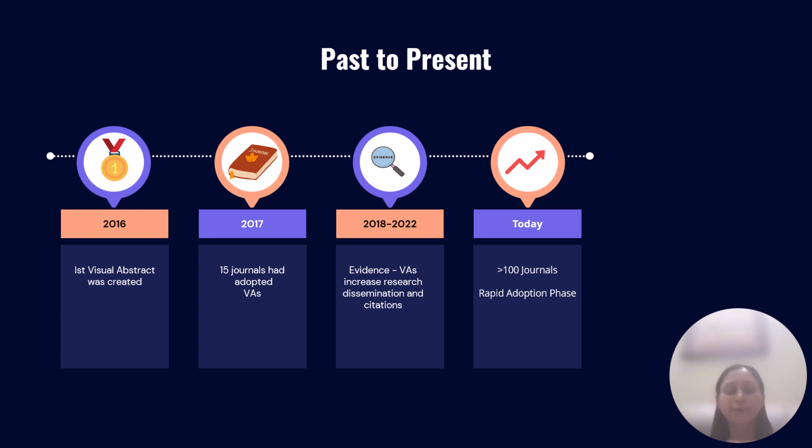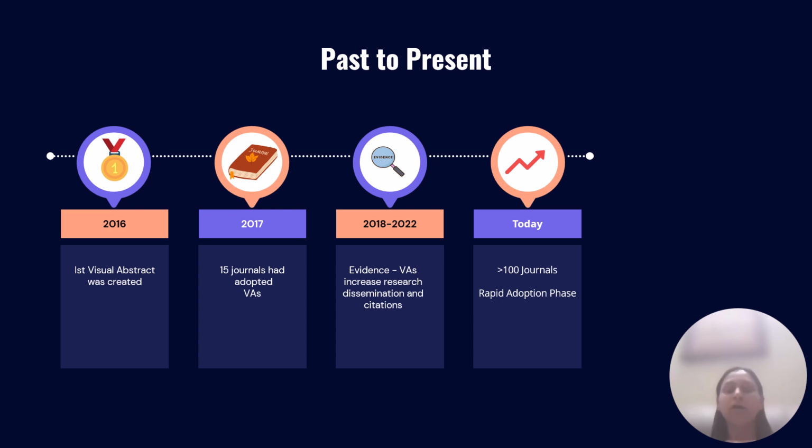So if you now see from past to present day, the visual abstract was first introduced in the year 2016, but by 2017, 15 journals had adopted visual abstract in their social media dissemination strategy. And from there on, there was limited evidence. So there were some studies which looked at evidence, and the outcomes showed that visual abstracts did increase research dissemination, and they also increased the citation of the manuscripts.